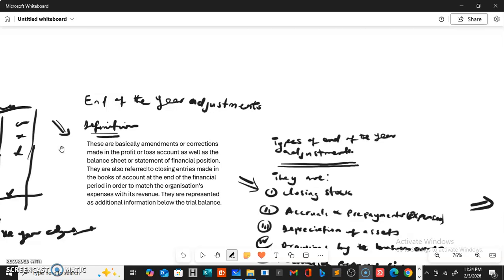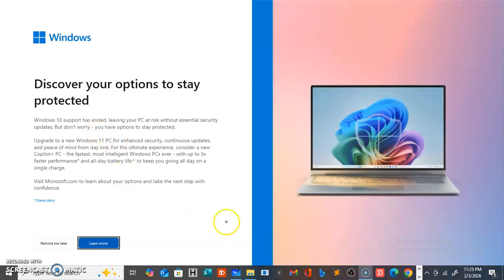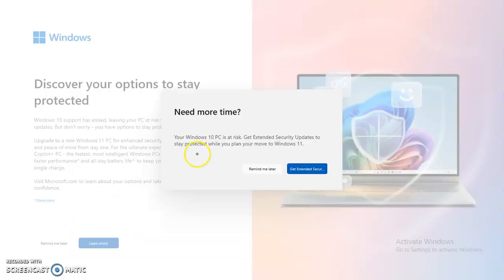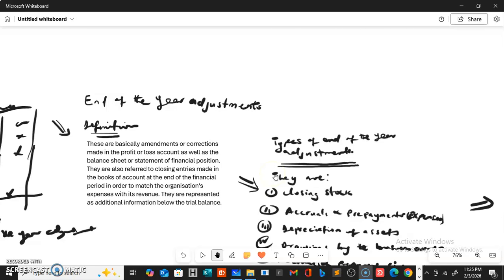Since we all know that the trial balance is a schedule of all debit and credit balances extracted from the ledger, there are some items that are not captured on the trial balance, but are outside of it. That is, they are below the trial balance.